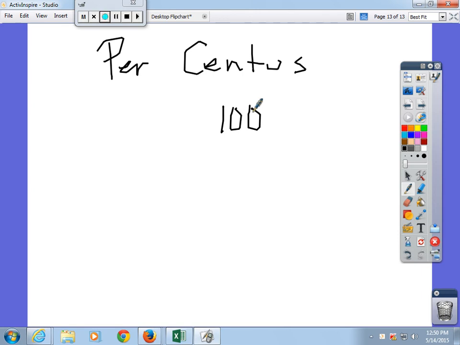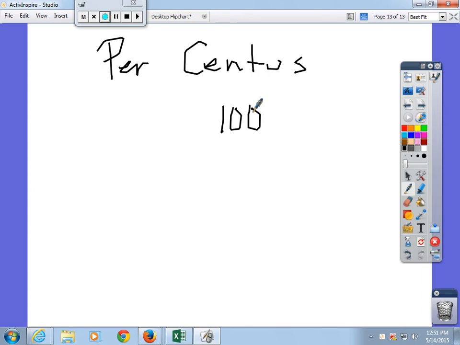And what does per mean? Miles per hour. When you hear the word per in mathematics, what does that per mean? There's 4 mathematical operations: addition, subtraction, multiplication, and division.